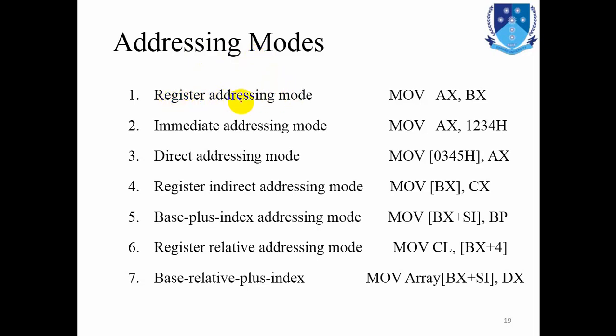The first one is register addressing mode. Here you can see that we have an instruction which has an opcode of MOV, and the source operand and the destination operand include AX, the accumulator, and BX, the base register. According to this instruction, the contents of the BX register will be transferred into the AX register.